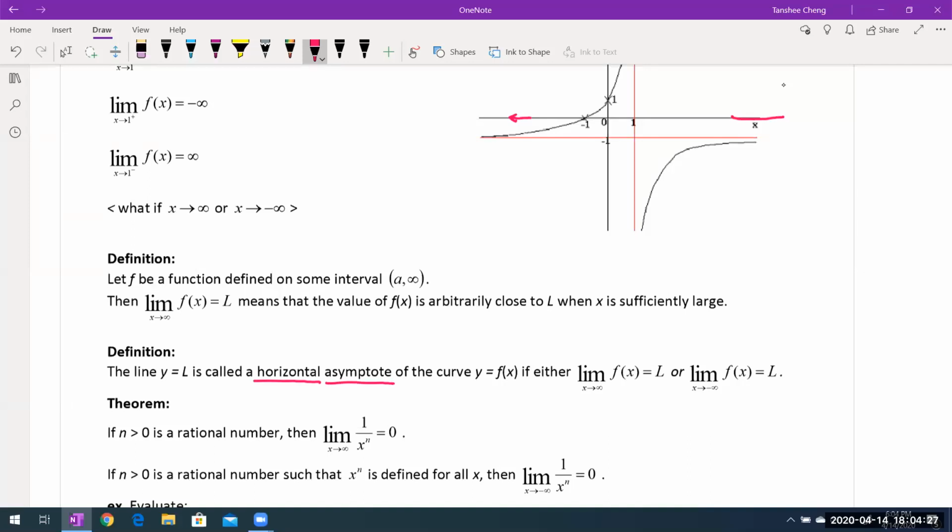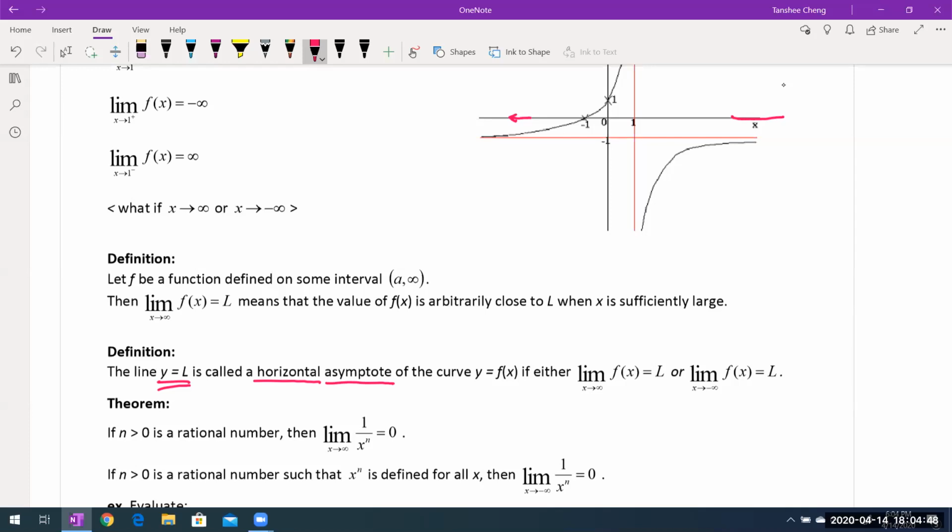So that's how we're going to connect the idea of limits with something that we learned in the past. The horizontal asymptote, we know, is y equal to a number. That's the equation. And to find those limits at infinity, we really need to know this theorem.